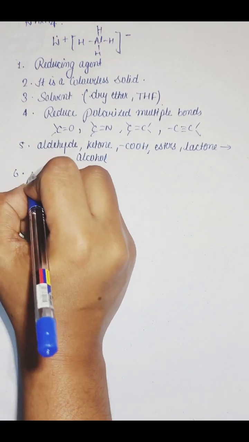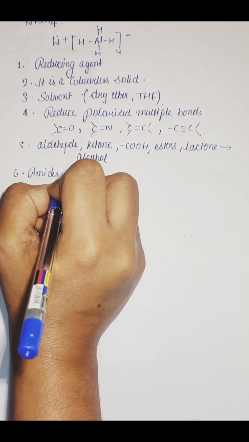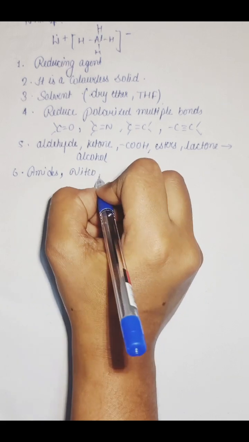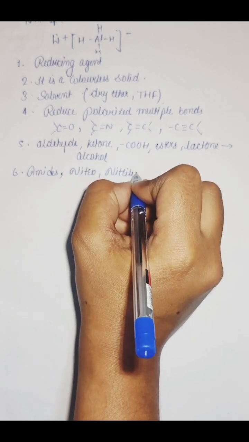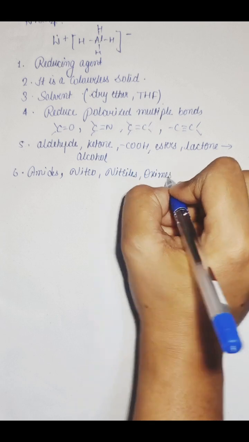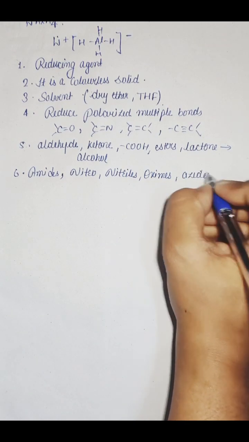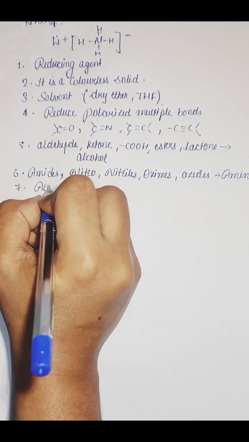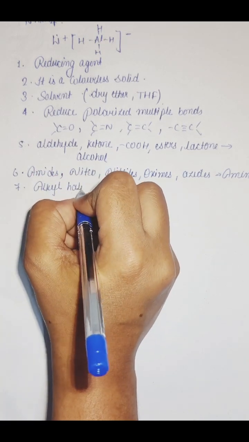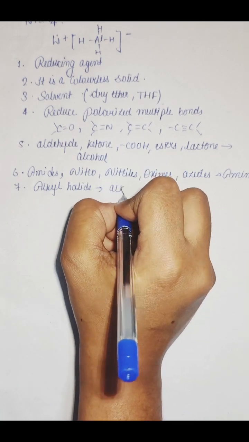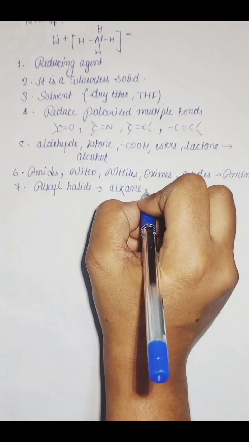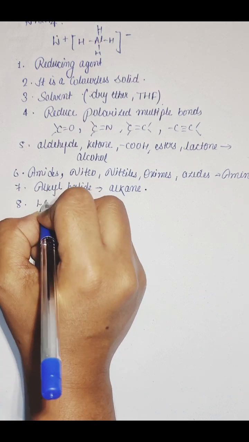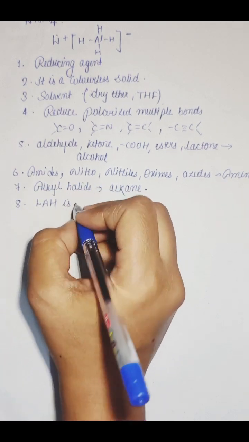Sixth point is that it reduces amides, nitriles, oximes, azide into amines. The seventh point is that it reduces alkyl halide into alkane. The eighth point is that lithium aluminum hydride is a strong hydride donor reagent.